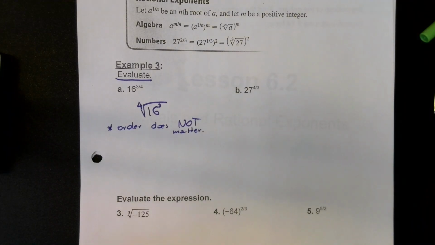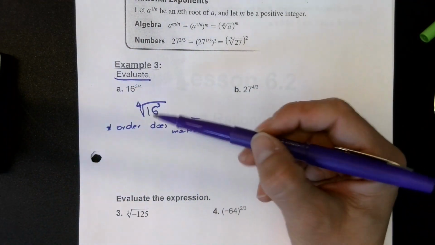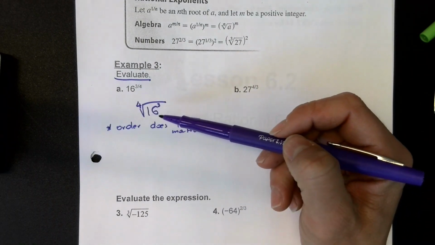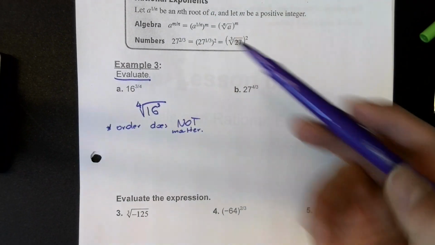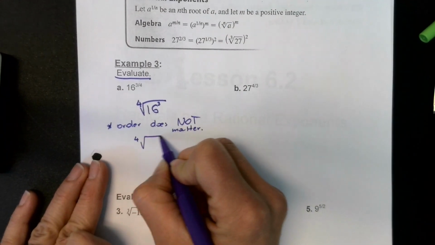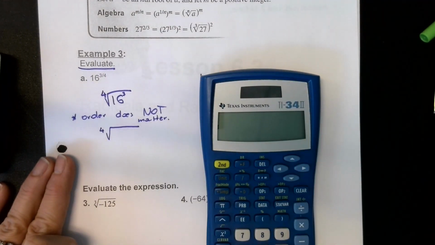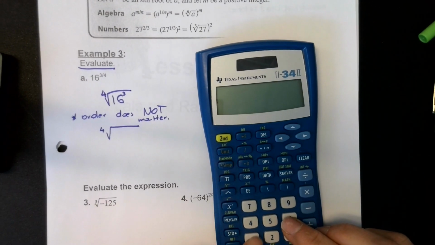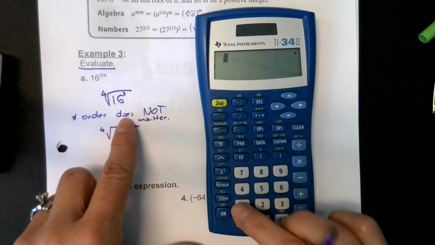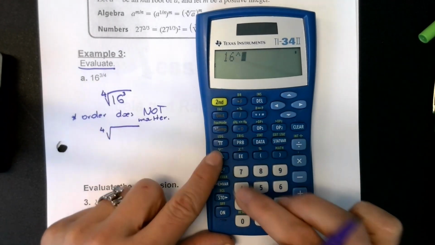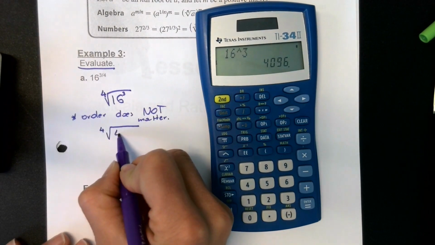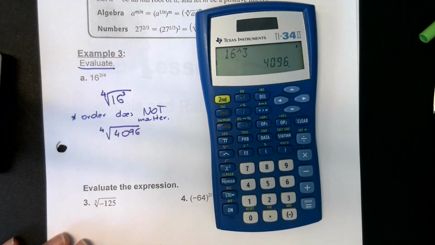So what we can do is, because we have two things, we're taking the root to the fourth, and then you're also taking 16 to the power of 3. It doesn't matter. So for instance, let's say you keep the fourth root and plug in 16 raised to the power of 3, and you end up with 4,096.